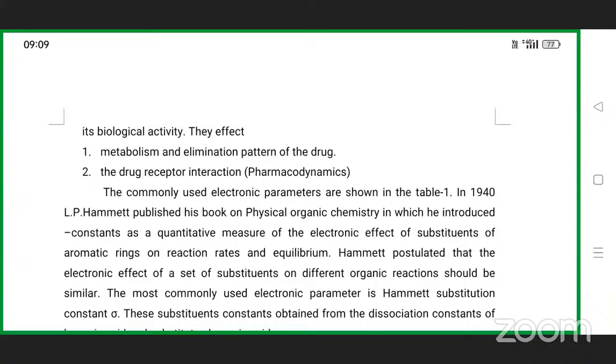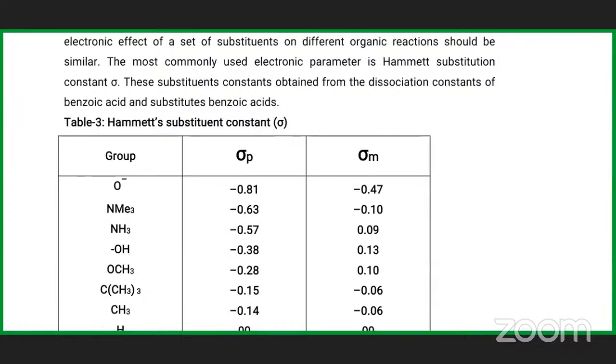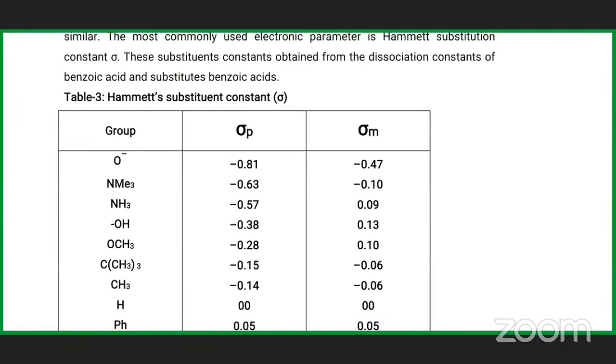So you can see the impact of the para substituent and the meta substituent. For example, take the phenoxide ion here. At the para position, sigma para has a value of minus 0.81, and sigma meta is minus 0.47.